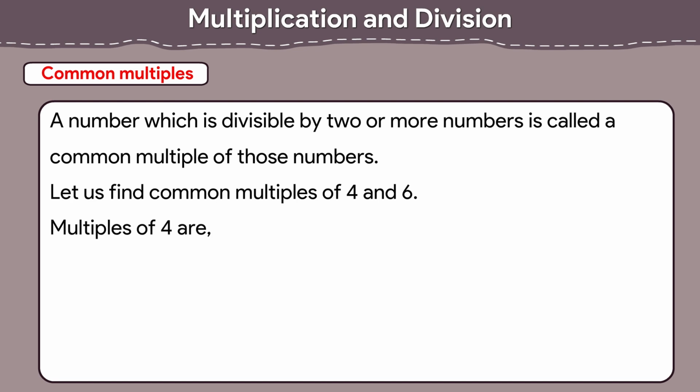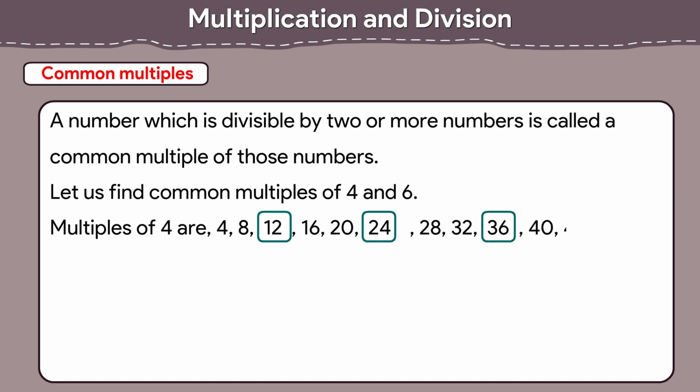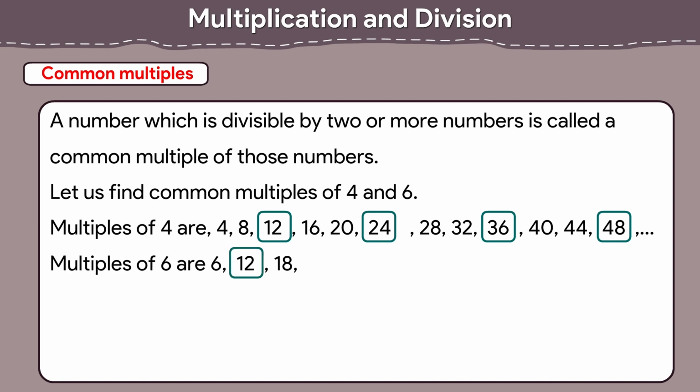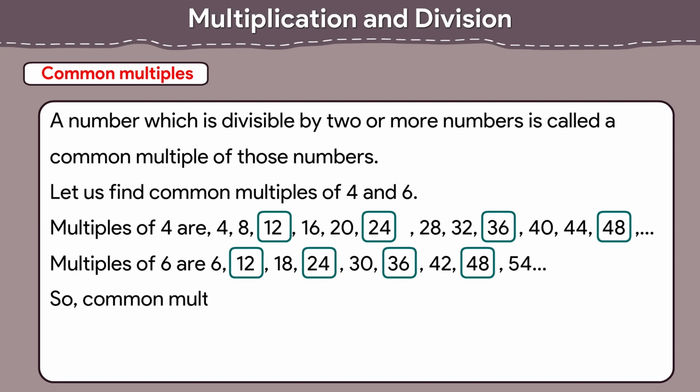Multiples of 4 are 4, 8, 12, 16, 20, 24, 28, 32, 36, 40, 44, 48. Multiples of 6 are 6, 12, 18, 24, 30, 36, 42, 48, 54. So, common multiples of 4 and 6 are 12, 24, 36 and 48.